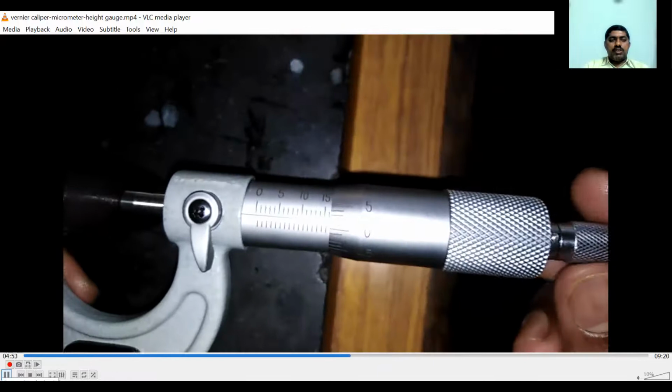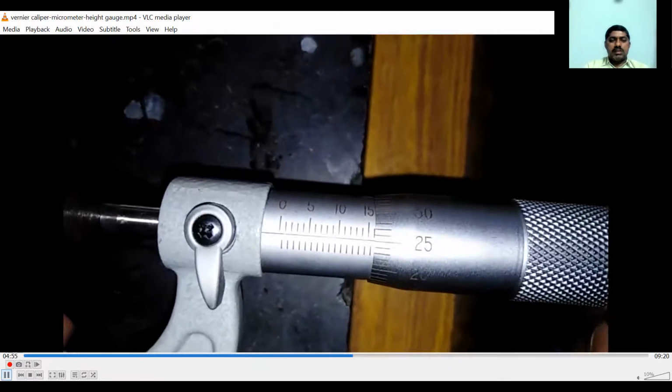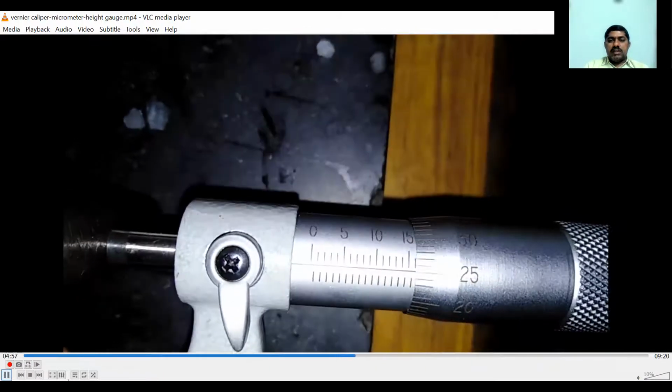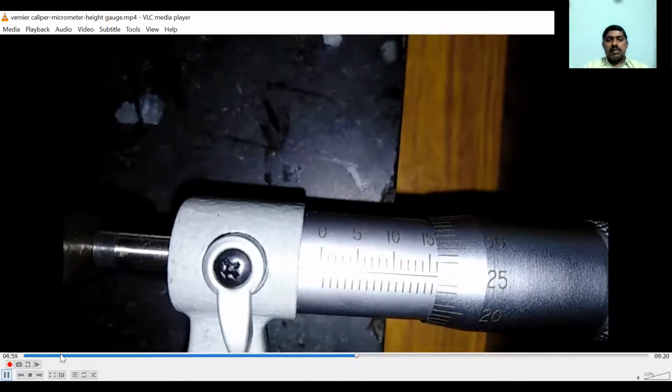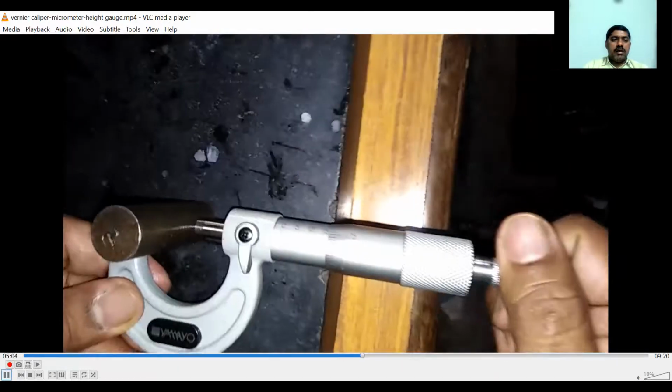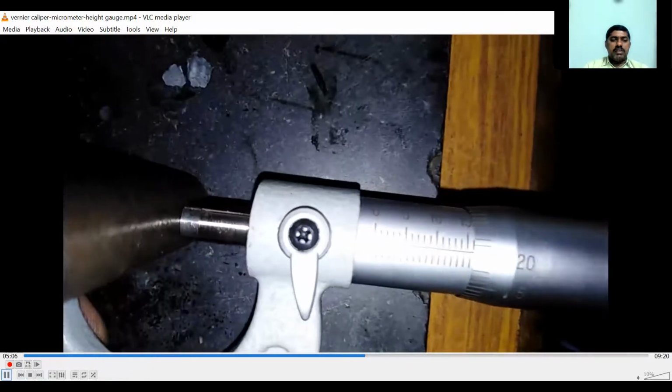Again, we will change the position of the workpiece and see what the reading is. Here again it is 15.5, and the 25th division is coinciding with the barrel reading. Again we will change the position of the micrometer on the workpiece.